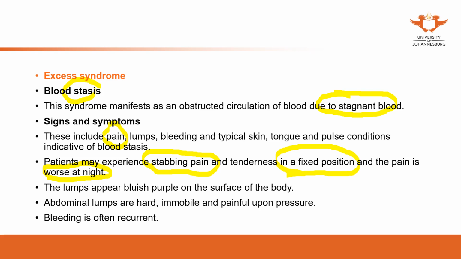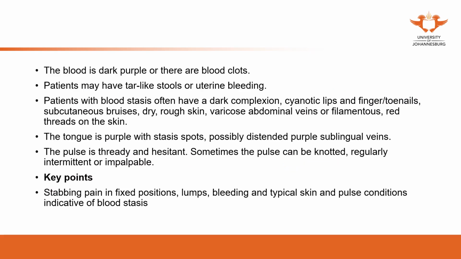The patient may also present with bleeding. If bleeding, the blood is dark purple. This bleeding can also present in ladies, such as in the period. The blood in the period is dark red or dark purple, or deep red with clots. That also indicates blood stasis.